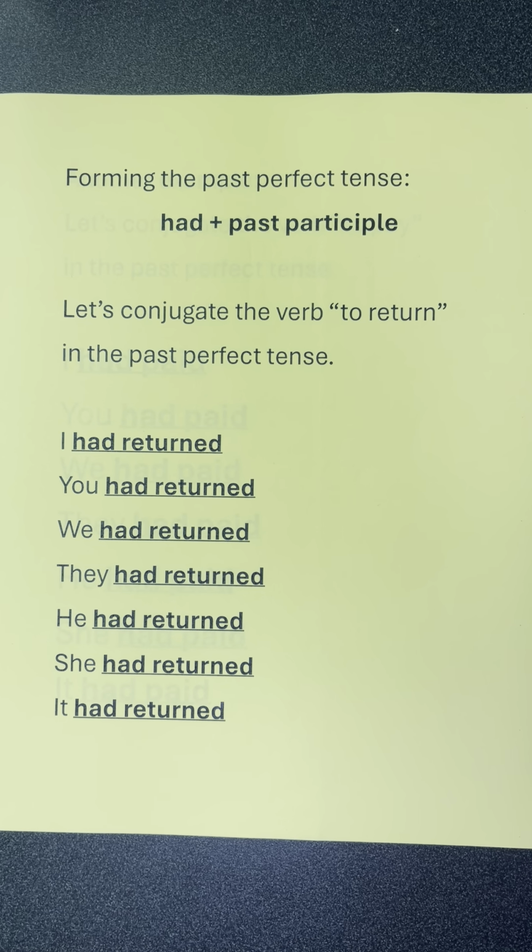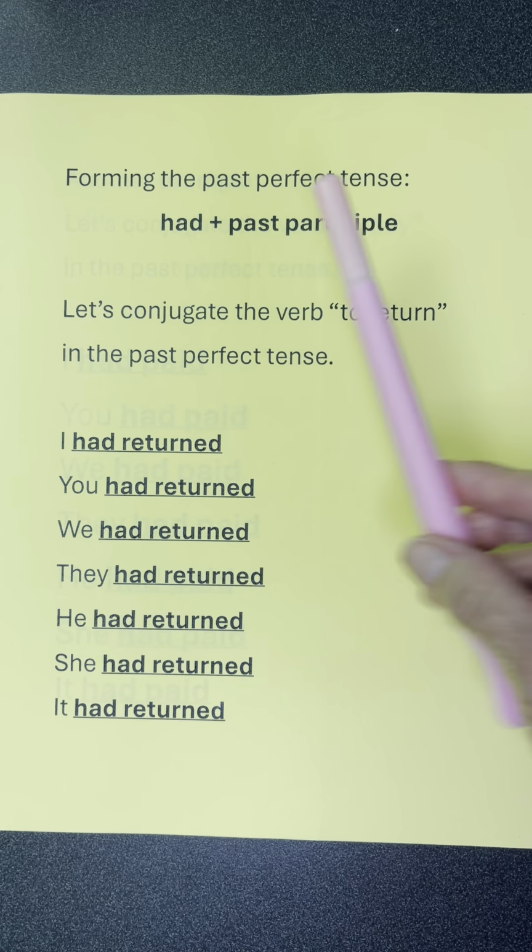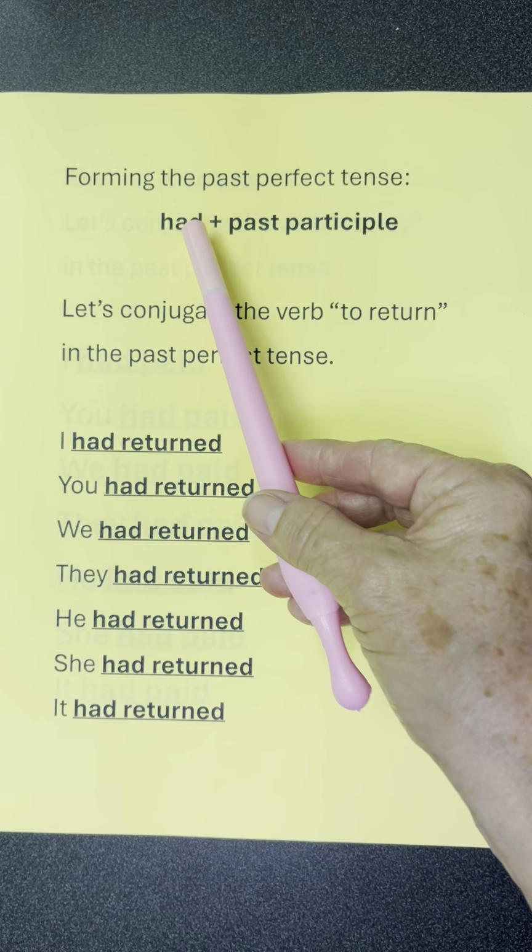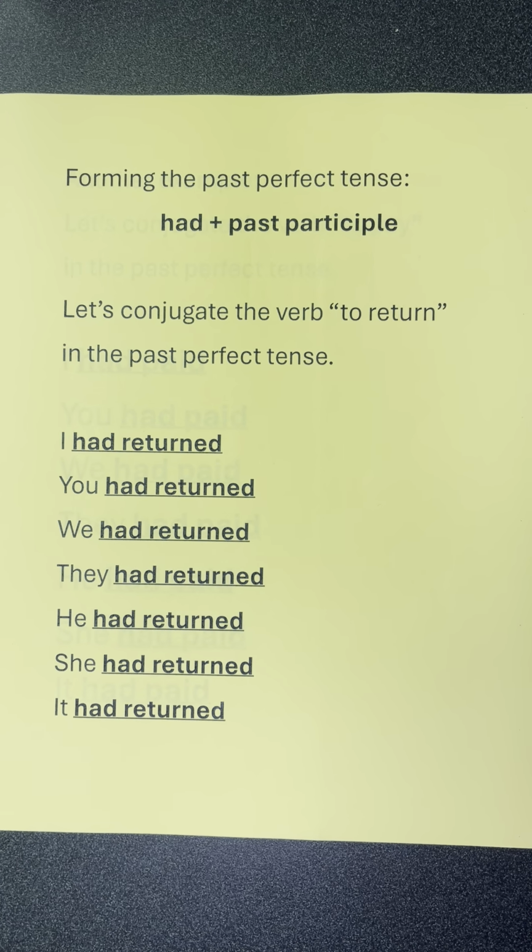But with the past perfect, we use simply the word had and the past participle. So it doesn't matter what subject pronoun you're using, the helping verb will always be had. So that's pretty easy.